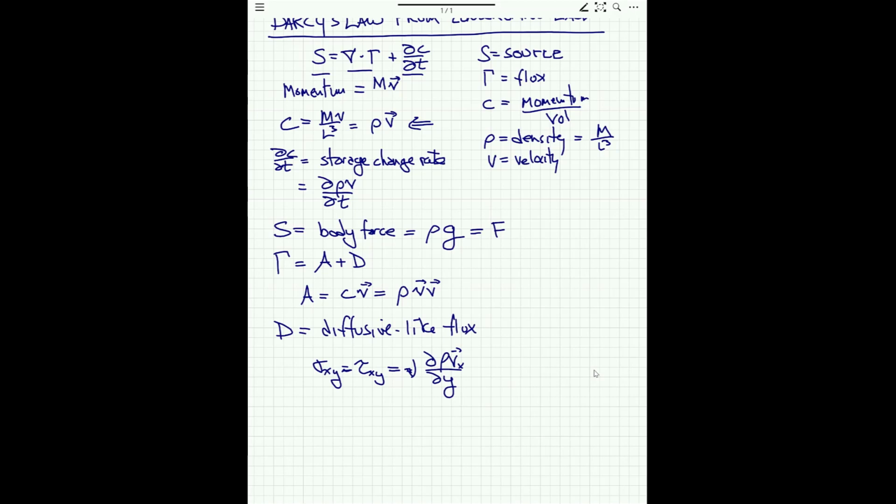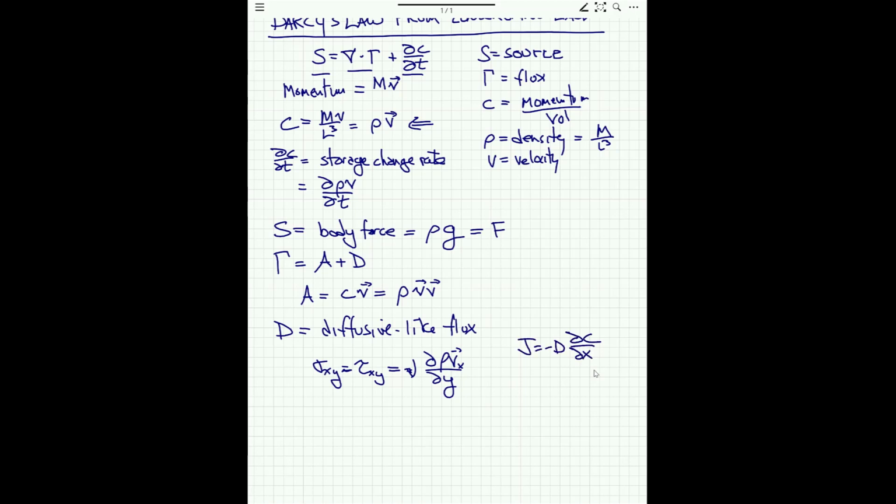Okay, so this looks like a diffusion expression in that we have a flux proportional to a gradient. Ordinarily, our typical expression would be mass flux is minus D times the gradient in C, in concentration.